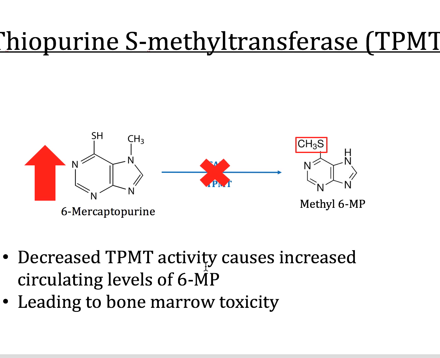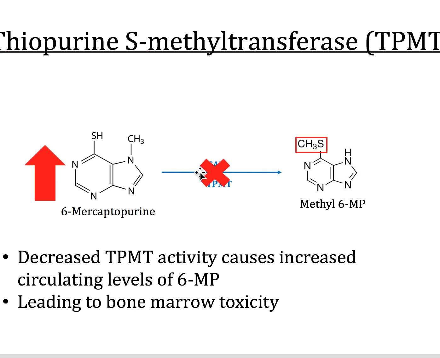So decreased TPMT activity causes increased circulating levels of 6-MP. You don't want too much 6-MP because that's the active form of the immunosuppressant, leading to bone marrow toxicity and very high levels of suppression in your plasma, which means you can develop various infections and side effects. So it's not a great idea.